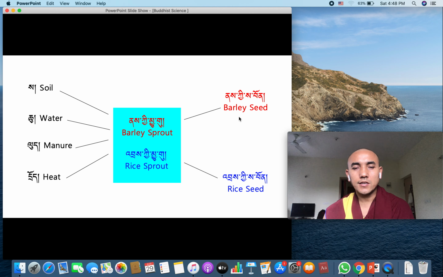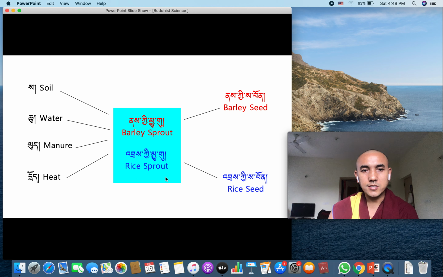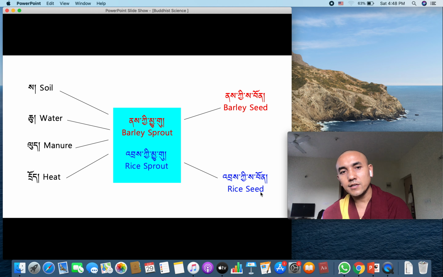Barley seed cannot be the cause of rice sprout, and rice seed cannot be the cause of barley sprout. So soil, water, manure, heat can be the cause for both sides. They can be the common cause of both barley sprout and rice sprout.